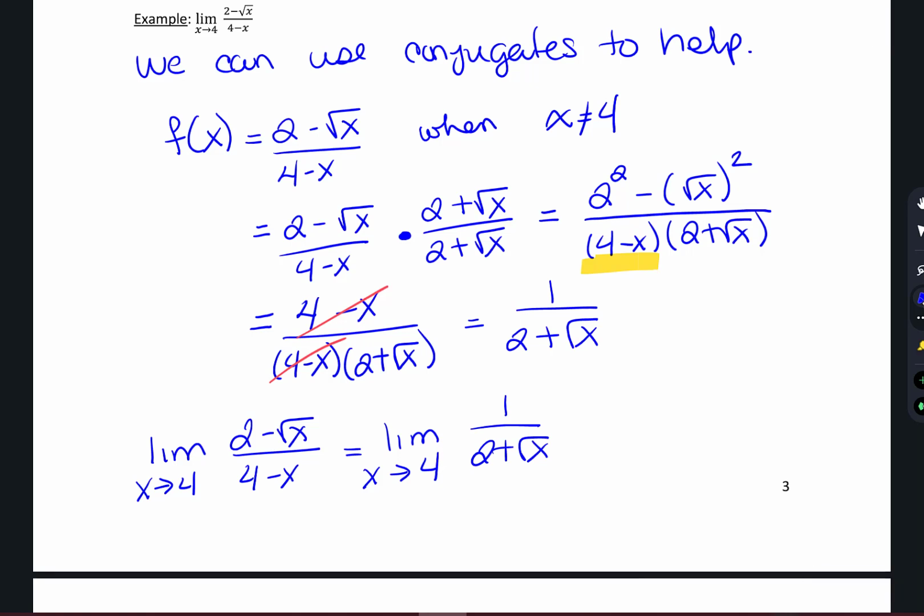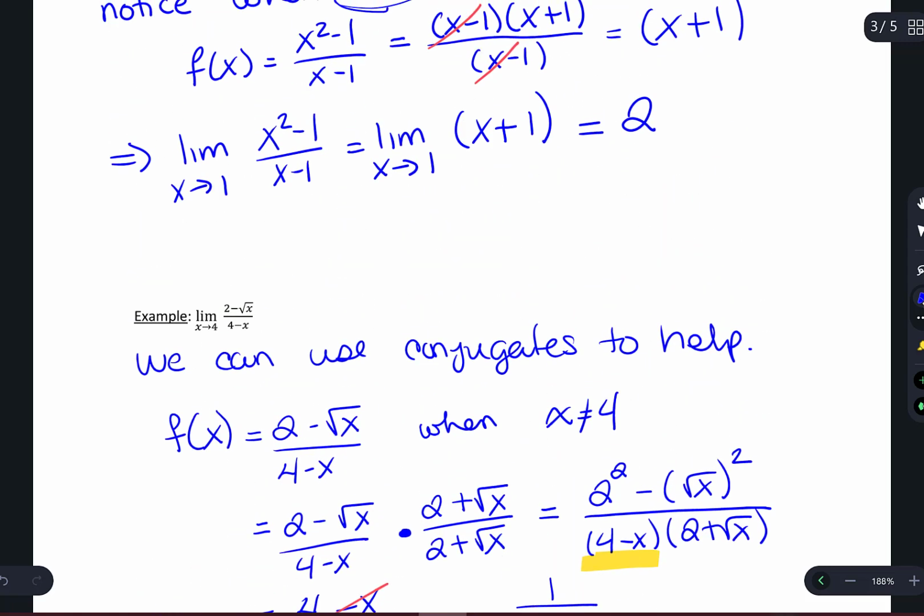And now, similar to what we did on the previous page, what I can do is either use a table or I can make a plot here and see what this limit's equal to. And it ends up that if you were to plug in 4 here, using the table or using a plot, you're going to approach that value. And so it ends up that this is equal to 1 over 4.